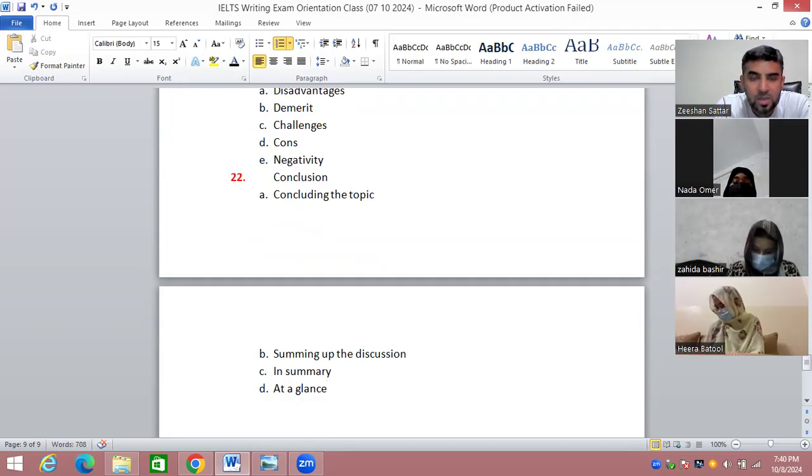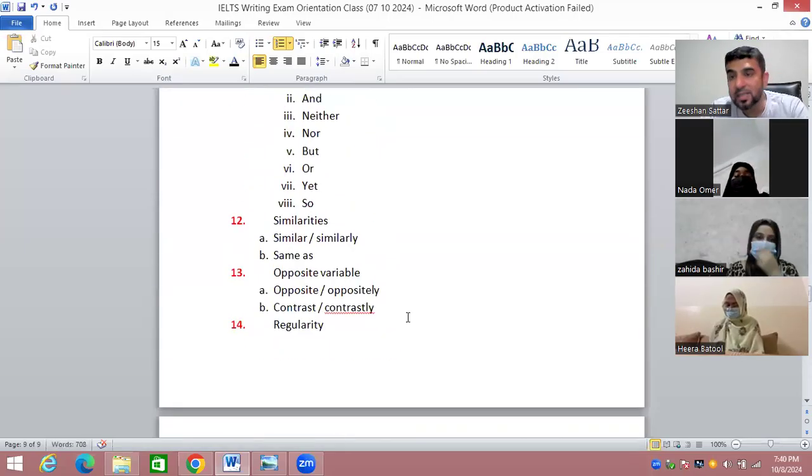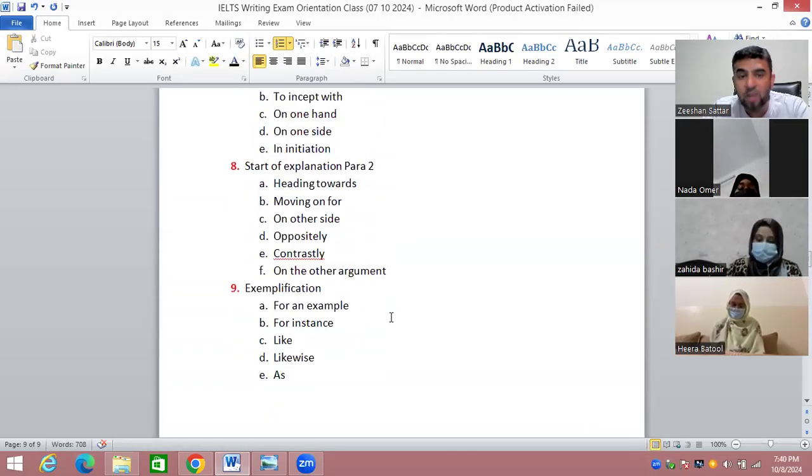Okay. So now, these are 22 different categories of synonyms, antonyms, or rather important words.